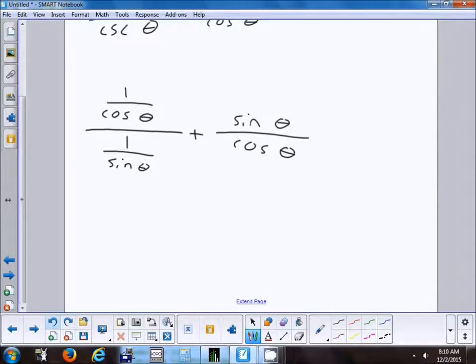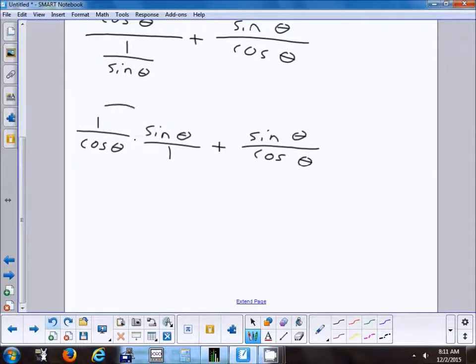Now on the left here, to divide a fraction by a fraction, I take 1 over cosine, I take what's in the bottom, I flip it, it's the reciprocal, and I multiply. So now 1 over cosine divided by 1 over sine becomes 1 over cosine times sine over 1 plus sine over cosine.